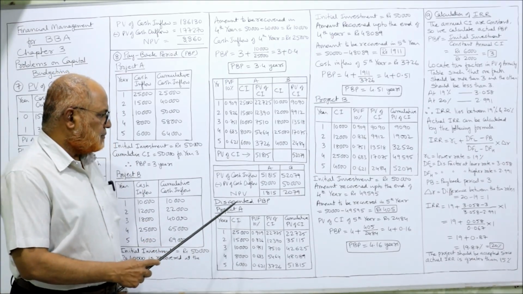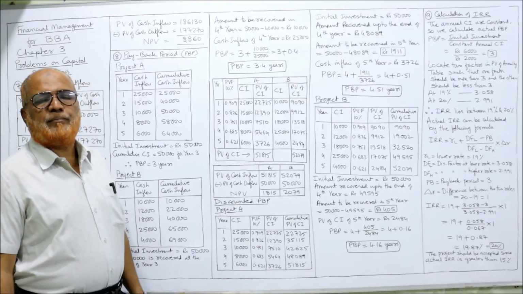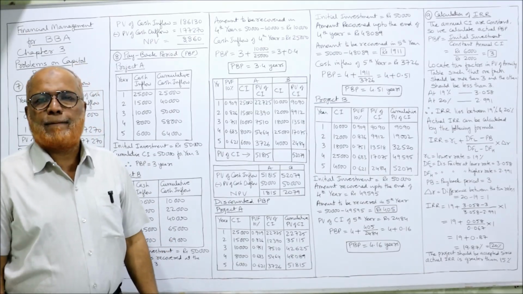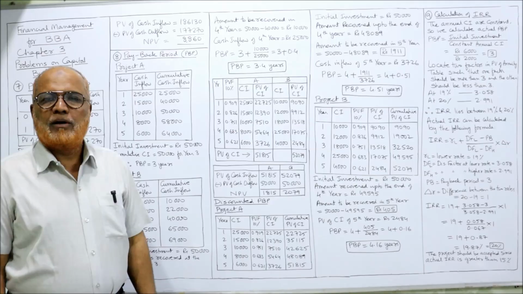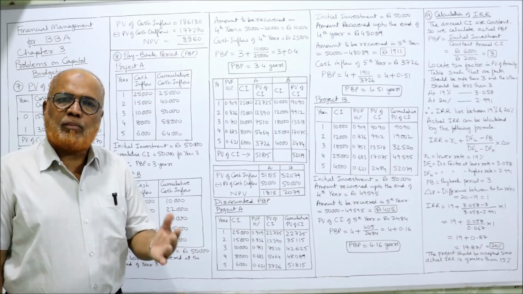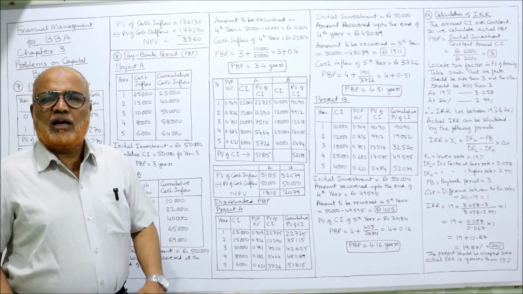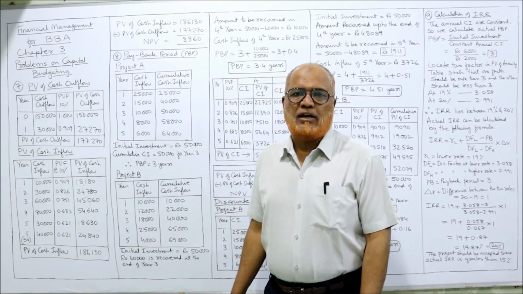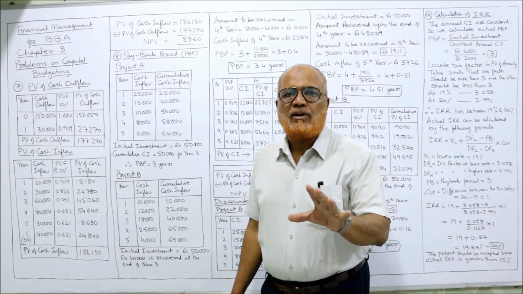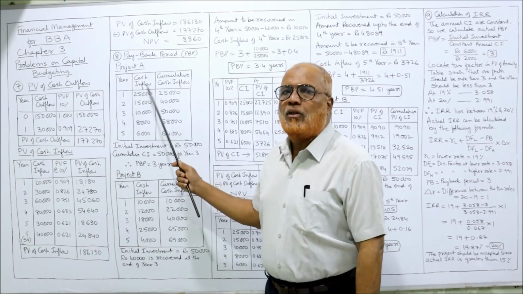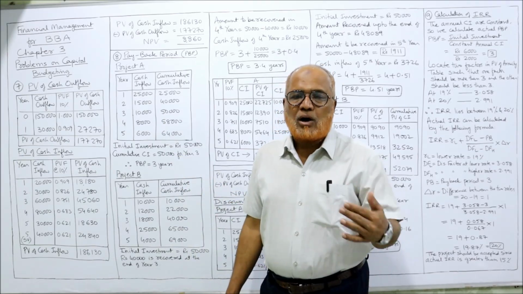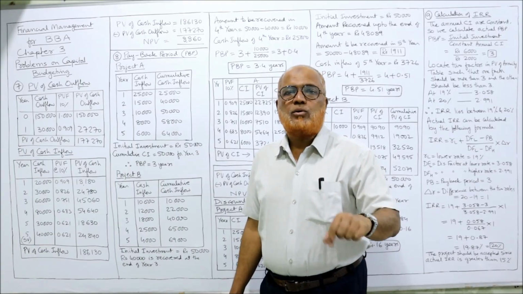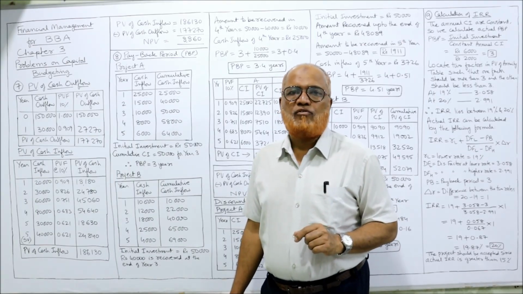Right? Now, discounted PBP. First time we are going to calculate discounted PBP. Two types of PBP are there, normal PBP and discounted. In normal PBP, we will not consider the time value of money. Discounting will not be done in normal PBP. Now discounted PBP will take into account the time value of money.